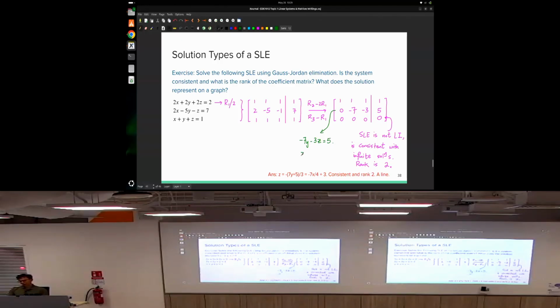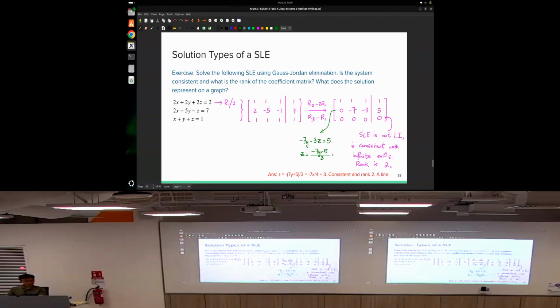So z is equivalent to what? The minus 3z you bring across, then divide by 3 throughout. So you're going to get minus 7y minus 5, divided by 3. Okay? So that's isolating my z variable.